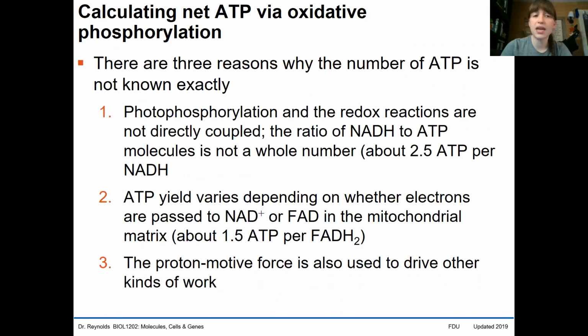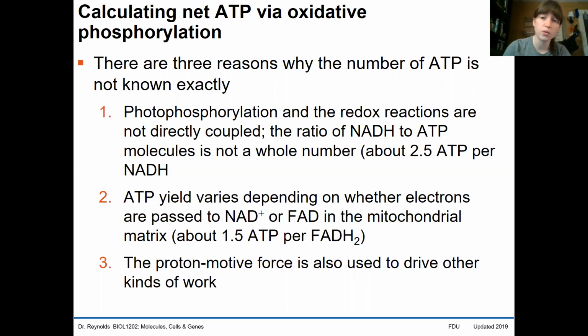There are 3 major reasons why the number of ATP being used in this calculation isn't the exact number, it's an estimate. The first is that this process is not directly coupled. There's a reason why you use electron carrier molecules to bring these electrons, generating an electrochemical gradient, and then utilizing that electrochemical gradient.